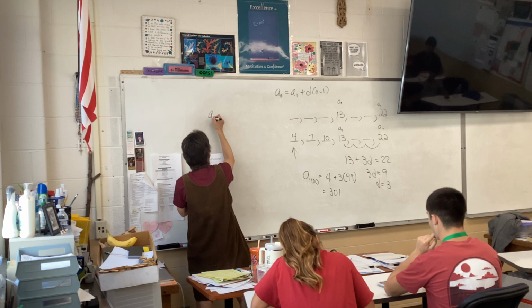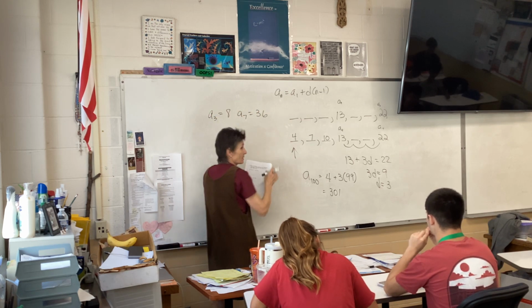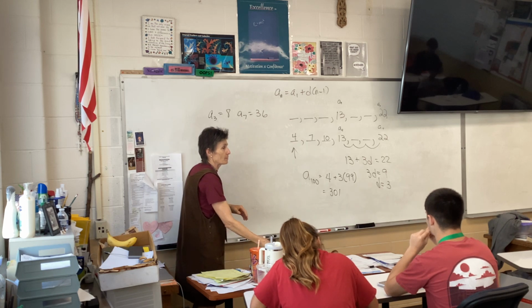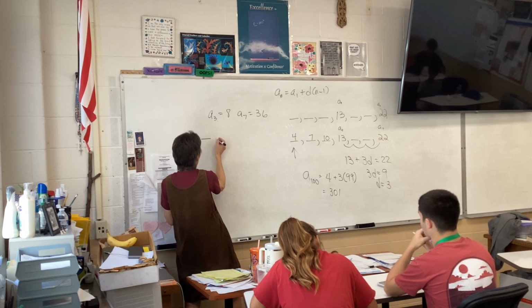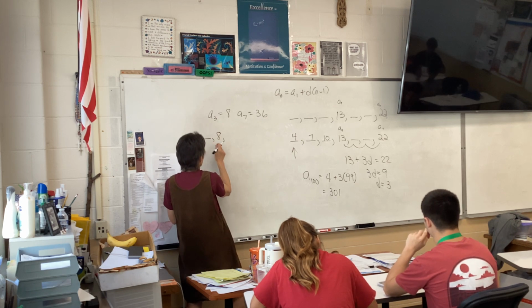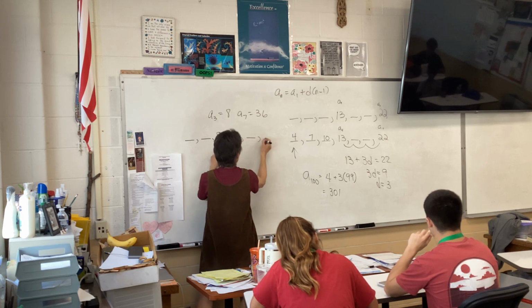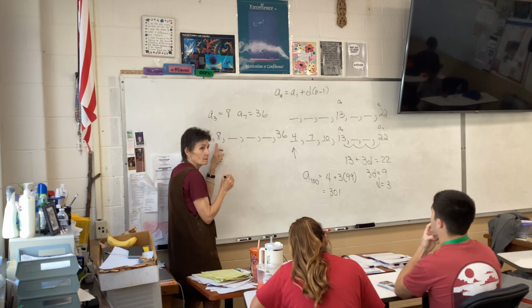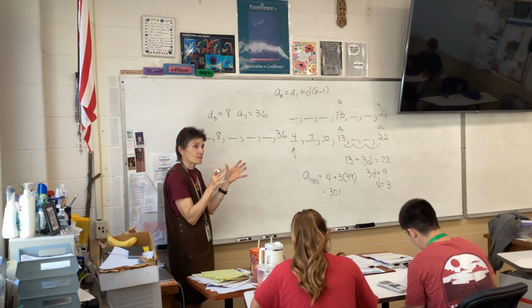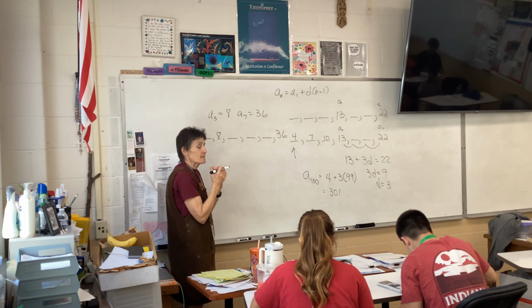All right, so this time we know the third term is 8 and the seventh term is 36. Now you can always draw a picture of the situation. So here's the first term, second term, here's the third term, fourth, fifth, sixth, seventh is 36. So if it helps you to visualize that, it's okay. You certainly don't have to, but you can. Now, this is arithmetic.